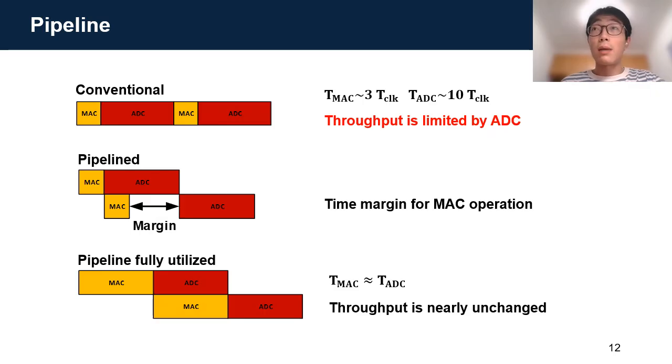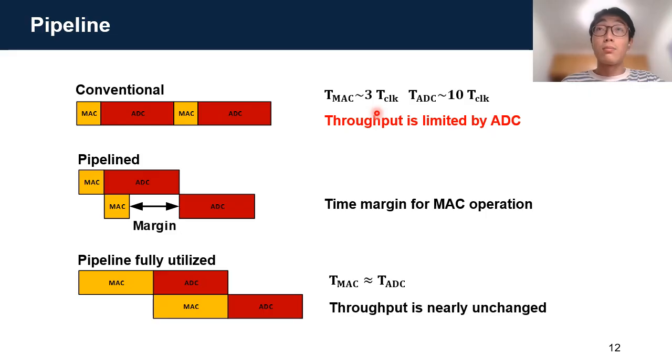Before introducing the pipeline, let's look at the timing diagram of the conventional in-memory computing circuit. The first input is sent for MAC, followed by the ADC. The second input can only be processed after the first is finished. For MAC, it usually takes 3 clock periods. First, reset.